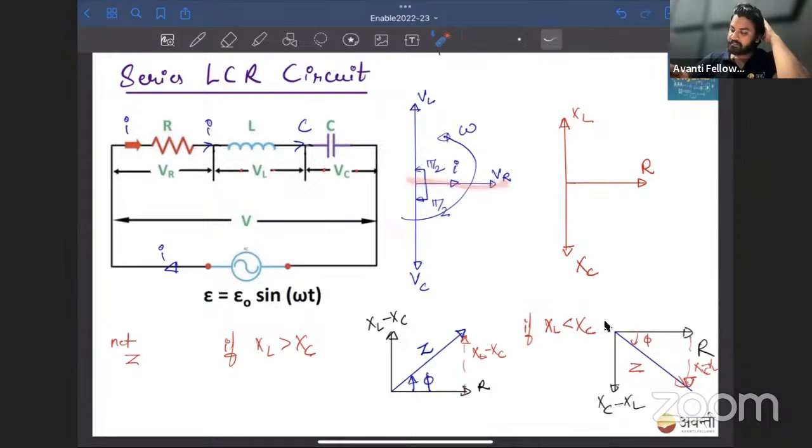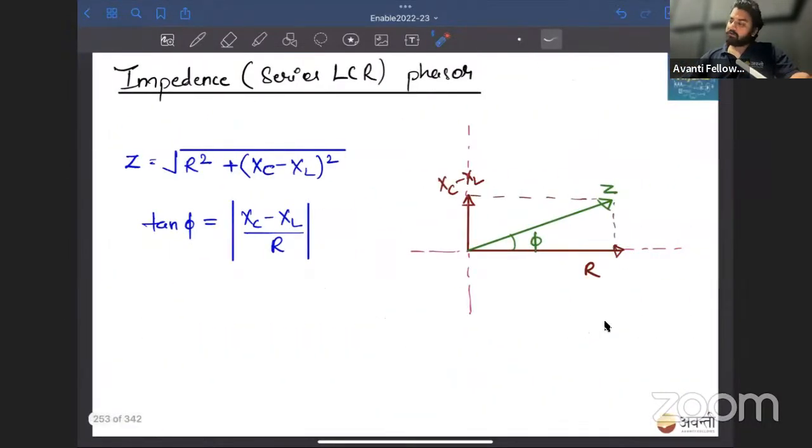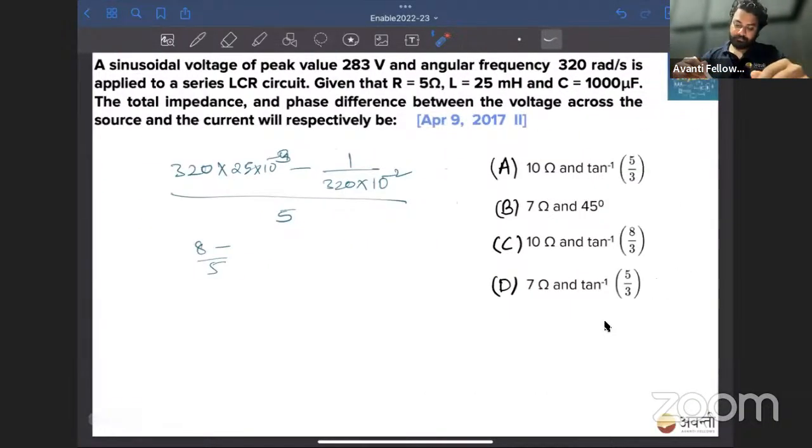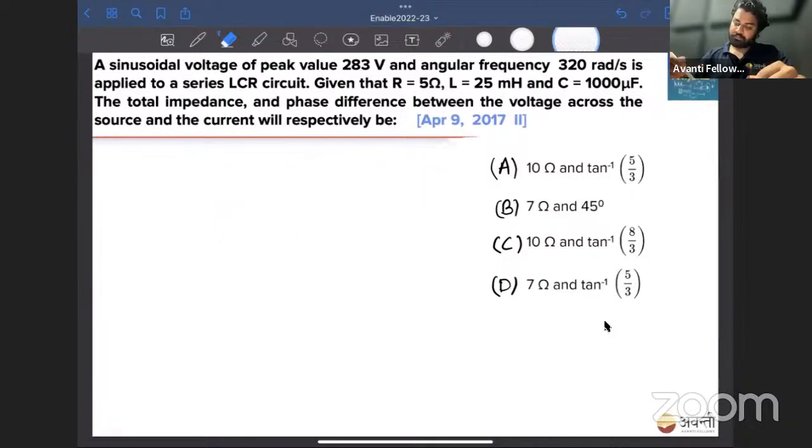So the voltage of resistance, voltage on inductor and voltage on capacitor, with the current. Okay, let's move forward then. Solution is already mentioned. We'll leave it.